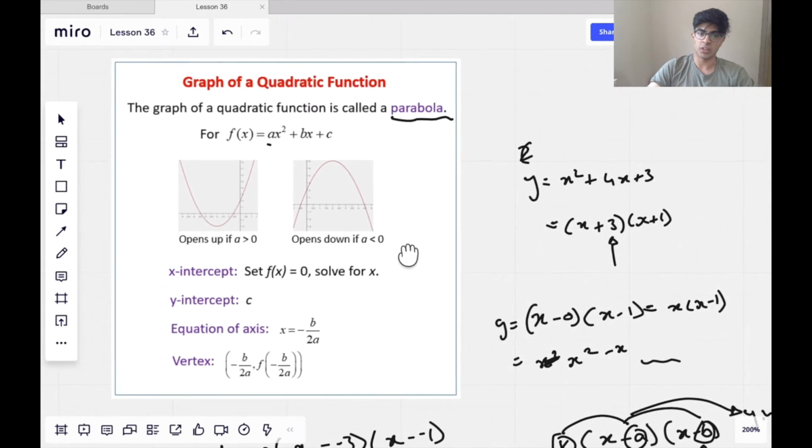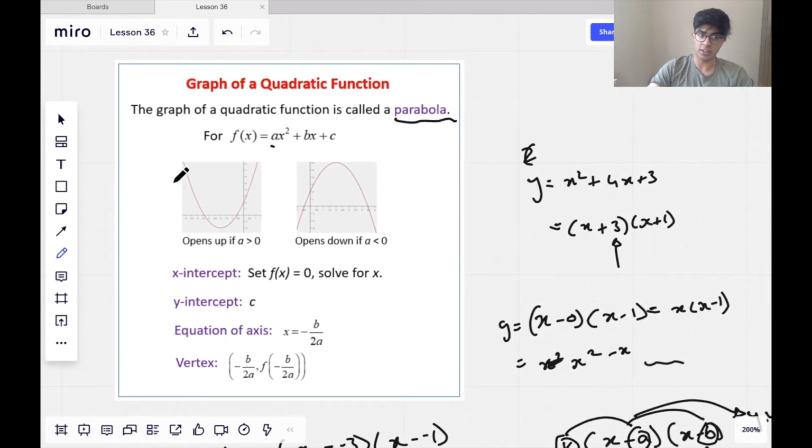But what is important to remember is you can recognize this parabola shape, meaning a quadratic, and you can remember the fact that a positive quadratic looks like this. It's a happy face, and a negative quadratic looks like this. That's a key piece to remember.